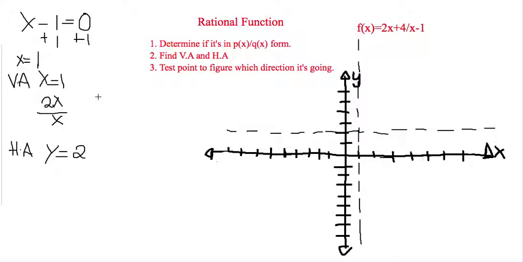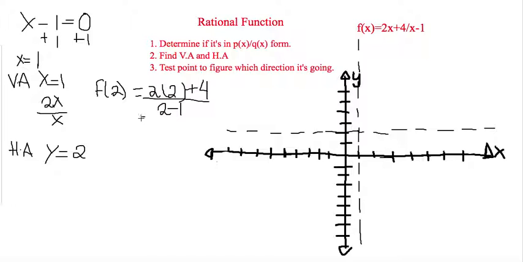So I will do f of 2 equals 2 times 2 plus 4 over 2 minus 1.